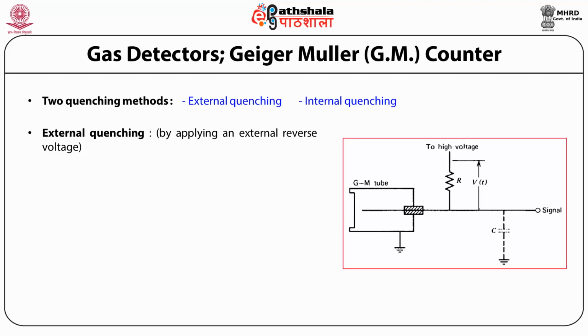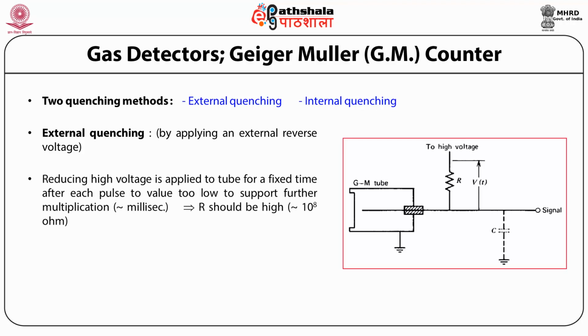In external quenching, a reducing high voltage is applied to the tube for a fixed time after each pulse, to a value too low to support further multiplication, and the duration for which this reverse voltage is applied is around a millisecond.